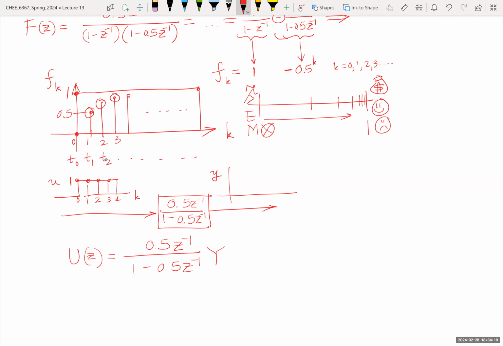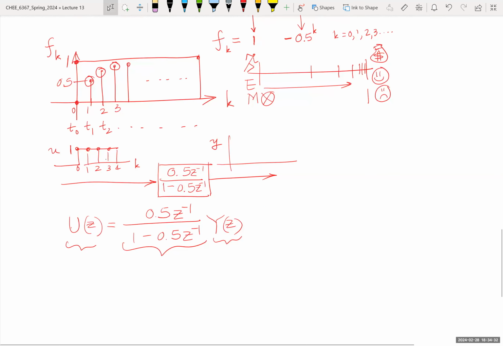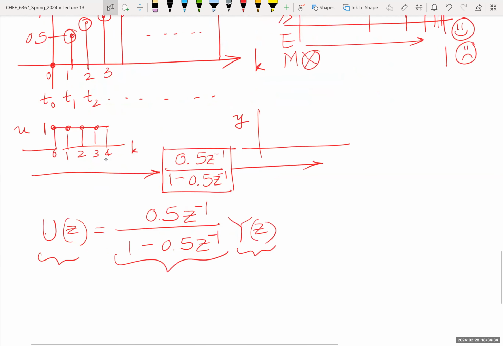So this is the transfer function that connects y in the z domain to u in the z domain. Can I find the difference equation that connects these two, y and u?